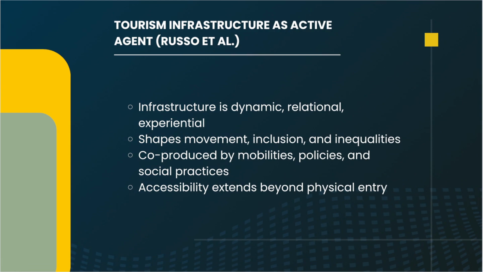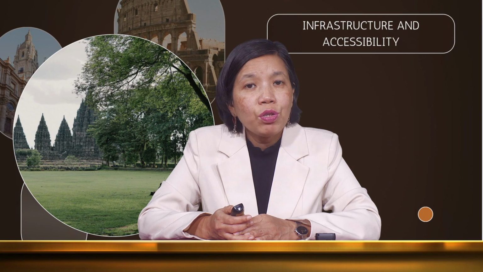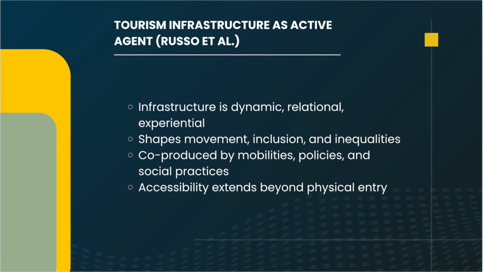It highlights how infrastructure is embedded in everyday life and intertwined with social practices, policies, power relations, and human senses and emotions. In this framework, accessibility is not simply about physical entry, but about how different bodies experience movement, inclusion, and exclusion within tourism spaces.